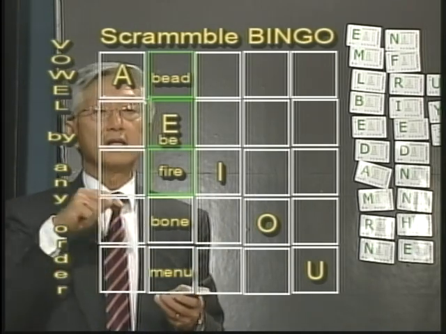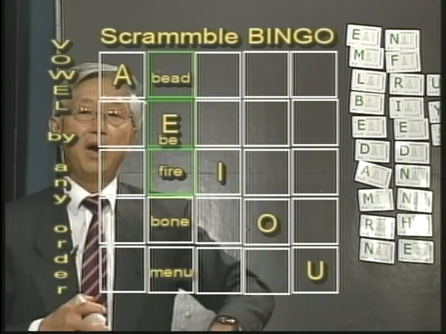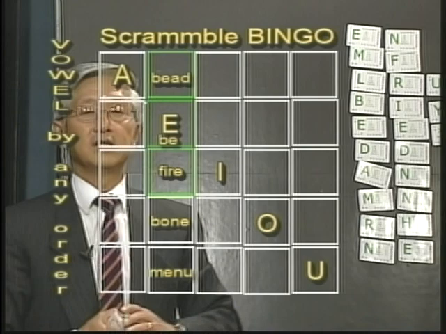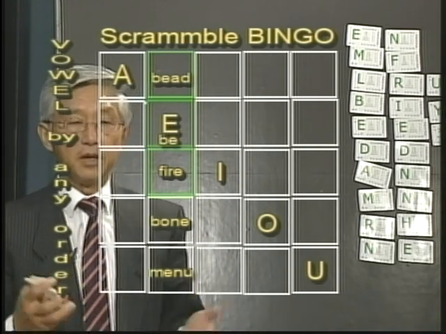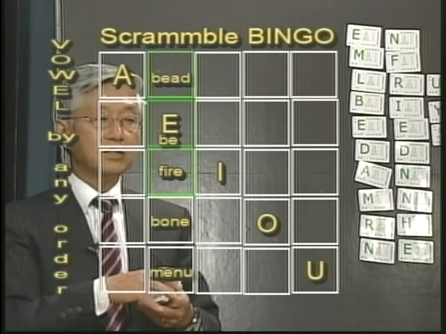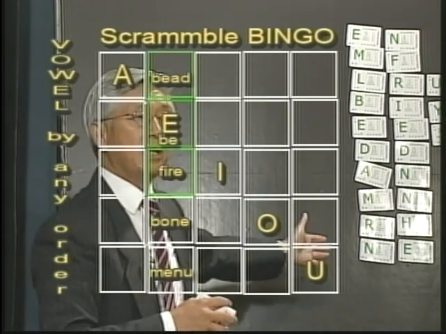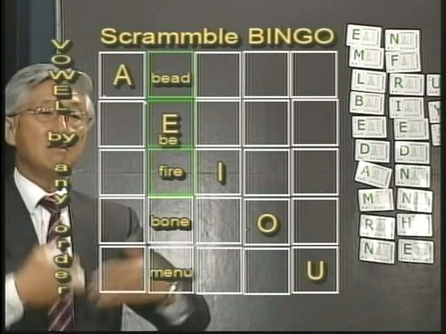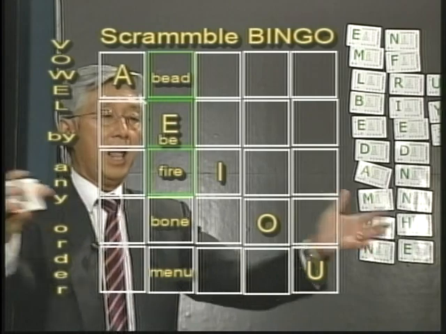This version is slightly more challenging than the previous one. We do not require double vowels, just say the E column, and that's even simpler. But this one, if you think about it, is not that hard. It requires a little more letters, which makes the game more fun anyway, particularly if you have a group of people, a whole classroom playing.